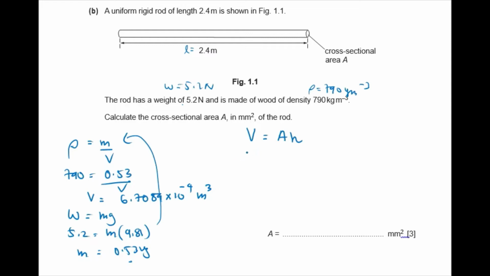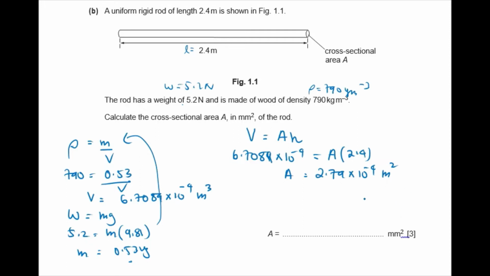Okay, then substitute: 6.089 times 10 power negative 4 equals area times height. Height is 2.4. Then area is 2.79 times 10 power negative 4 meter squared. Now how to change from meter squared to millimeter squared?